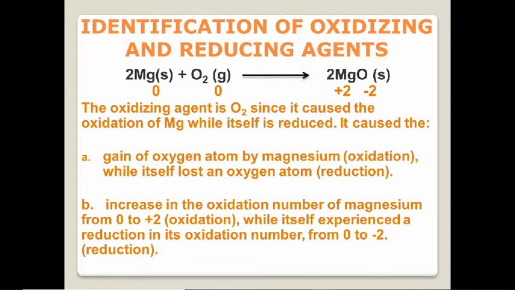It has experienced an increase in its oxidation number, while oxygen has experienced a decrease in its oxidation number from 0 to -2, showing that oxygen has undergone reduction. Therefore, oxygen is said to be the oxidizing agent since it has caused the oxidation of magnesium while itself has been reduced.